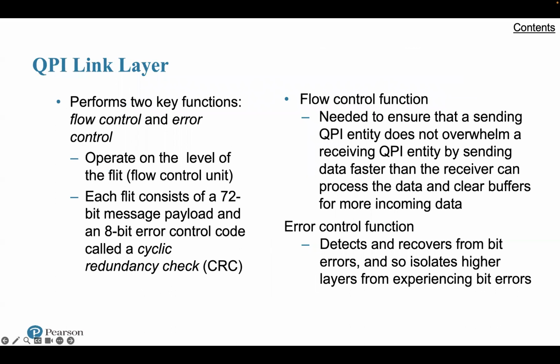The QPI link layer performs two key functions: flow control and error control. These functions are performed as part of the QPI link layer protocol and operate at the level of the flit flow control unit. Each flit consists of a 72-bit message payload and an 8-bit error control code called a cyclic redundancy check, CRC.